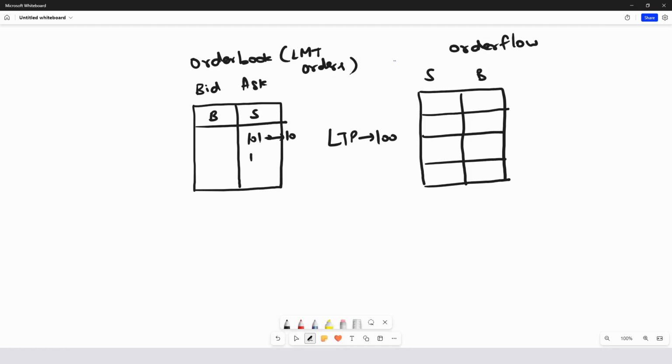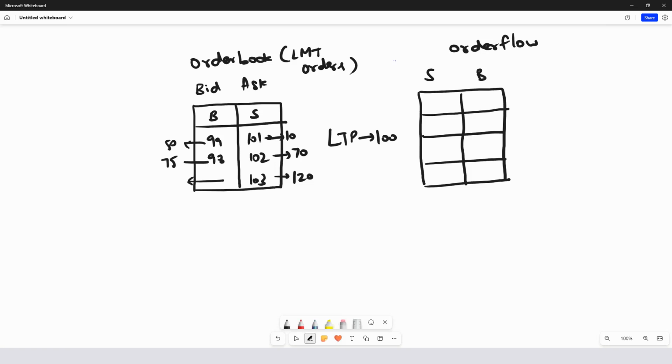At 102, there are another 70 quantities. At 103, let's say we have another 120 quantities. On the buy side, likewise, at 99, let's say we have some 50 quantities to be filled. And then at 98, let's say another 75 quantities.